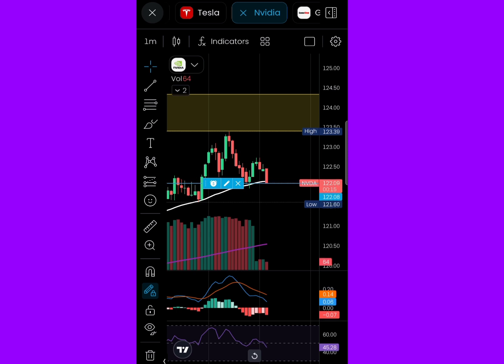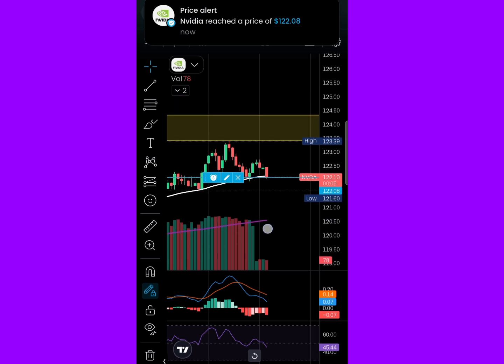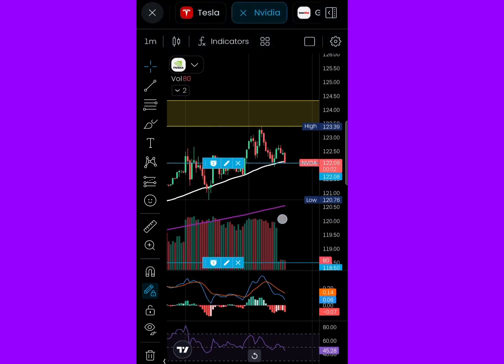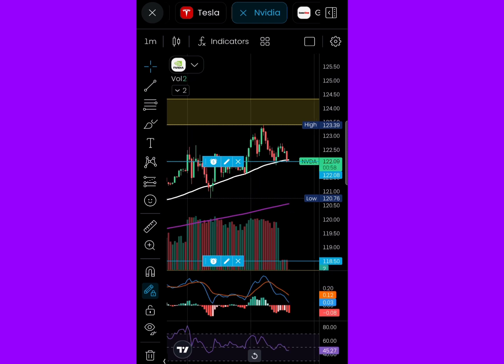However, with call options, there's delta, which basically means that it's time erosion. So as time goes on, the amount of money in your option is eroding over time. So when you're in these types of plays, it's best to have a longer term outlook.